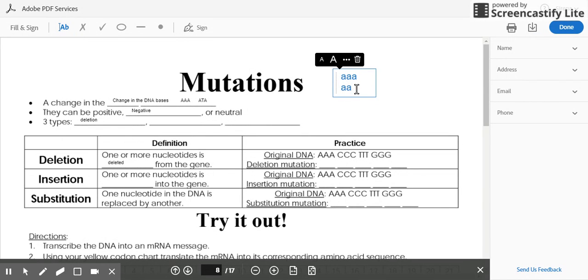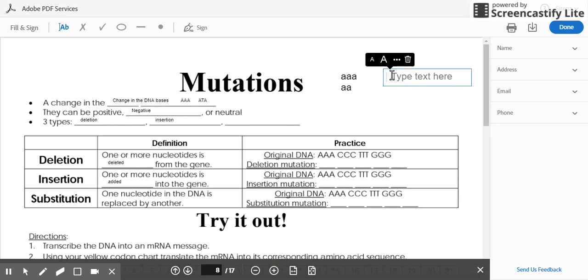So your mutation now is AA. The next one we have is insertion, and this is when one or more nucleotides are added into the gene. So your normal DNA could be AAA, and your mutation could be AATA.